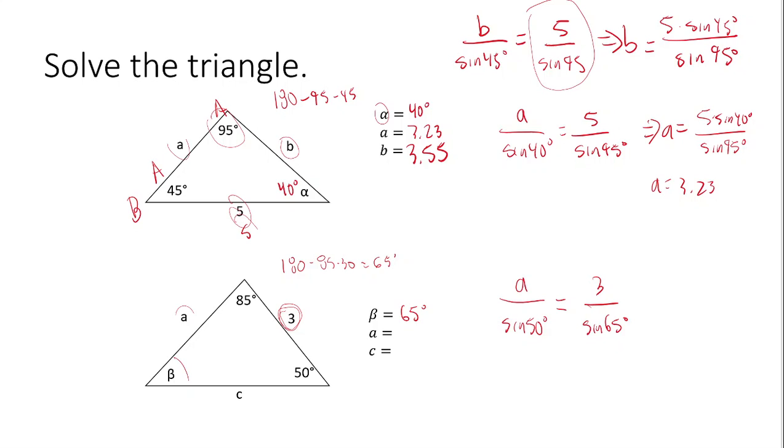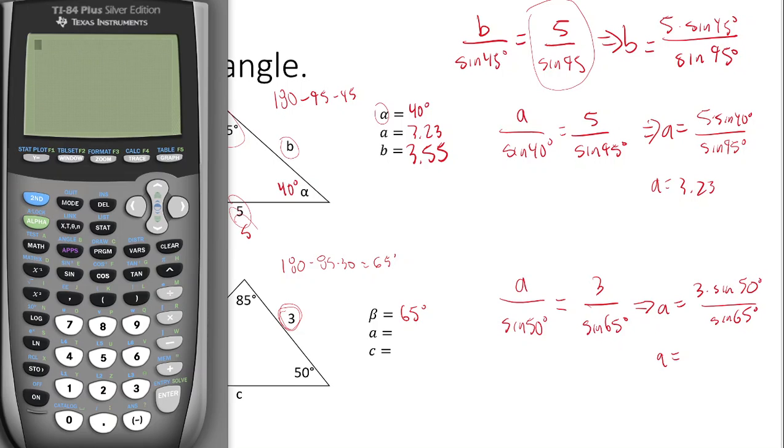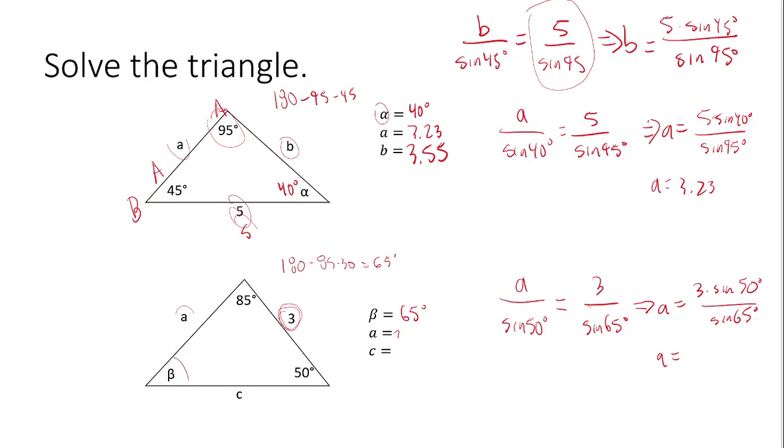If we now solve for A, we're going to have A equal to 3 times the sine of 50 degrees divided by the sine of 65 degrees. Let's do that. So 3 times the sine of 50 divided by sine of 65. Enter. It's 2 point, so A is 2.54.